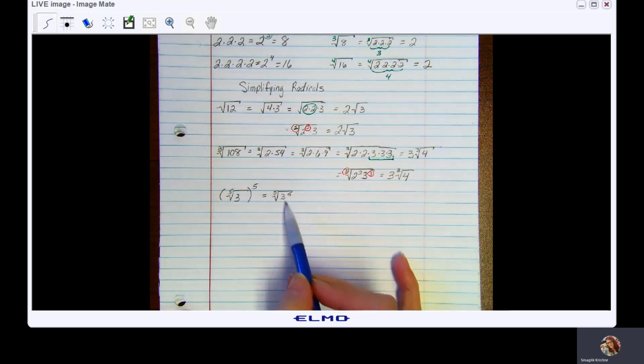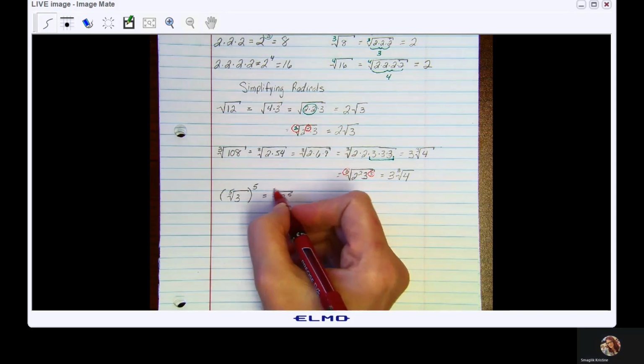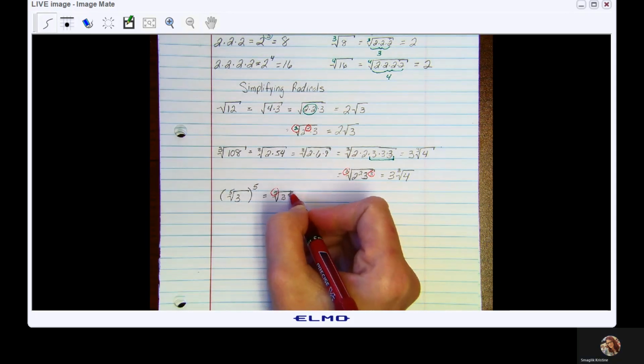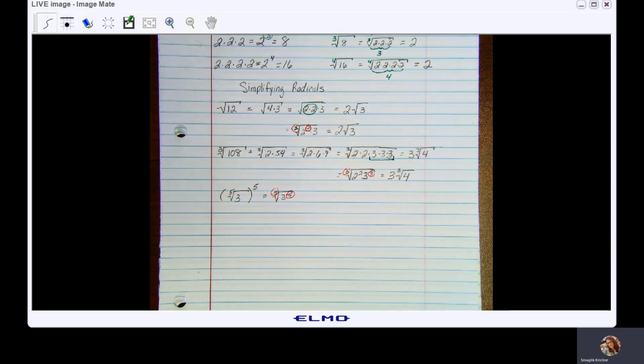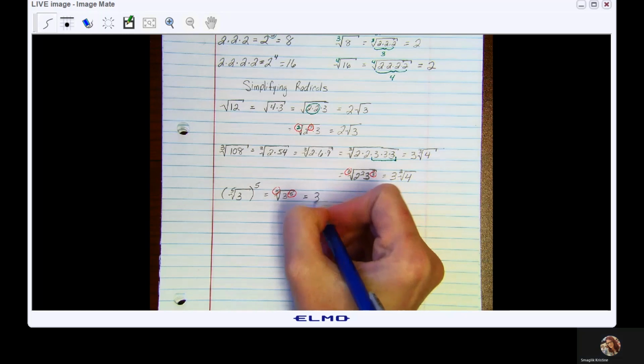Well, now 3 to the 5th is 3 times 3 times 3, etc., 5 times. You have a set of 5 3s. And again, you can also see this index cancels out that exponent. They are inverse operations. So your answer here is 3.